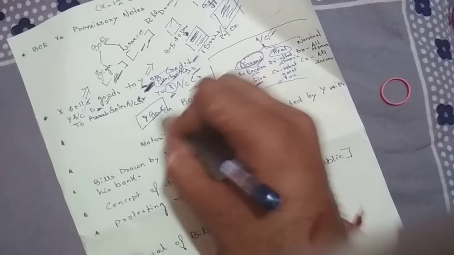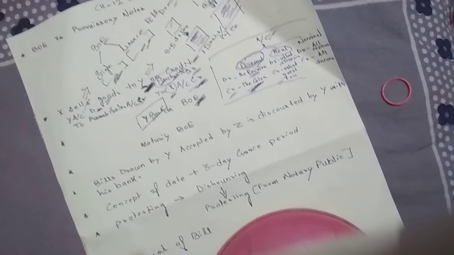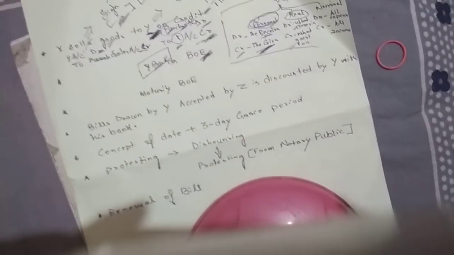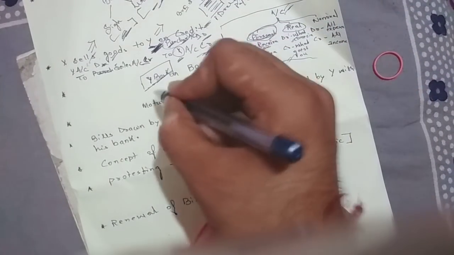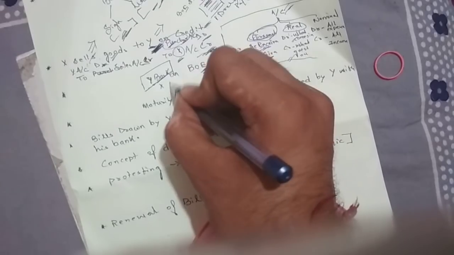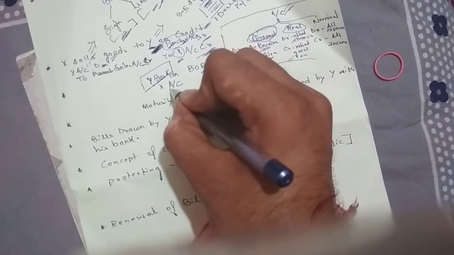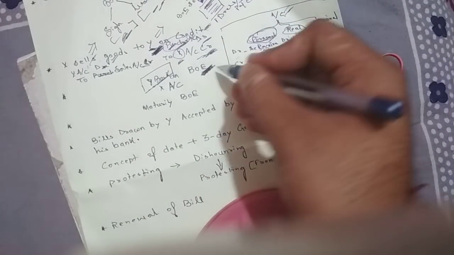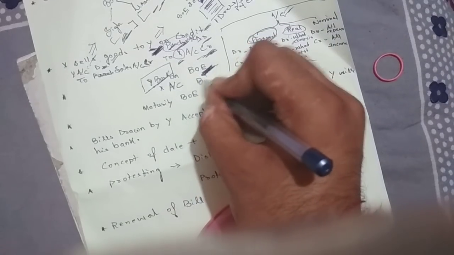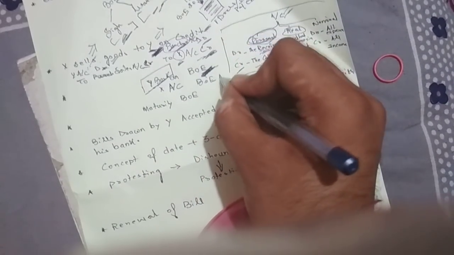So in the general entry on Y's book, what accounts do we need to find first? First, the X account is involved. What other account is involved? Here the other account was the purchase account, but here since the bill of exchange is involved, the other account is the bill of exchange account.